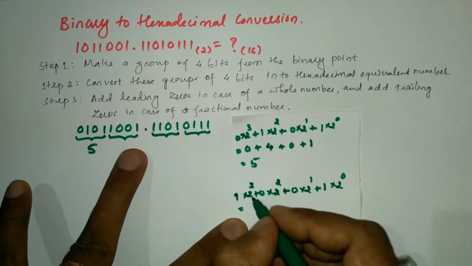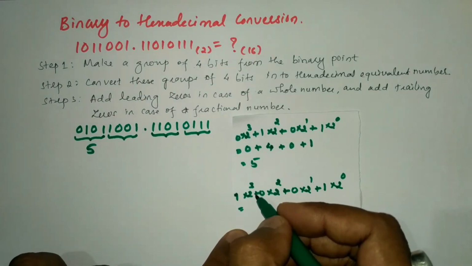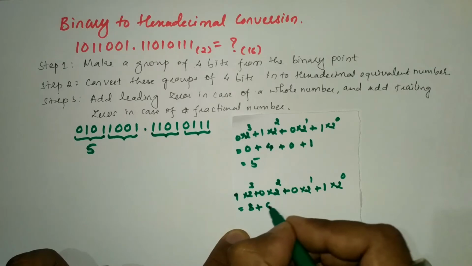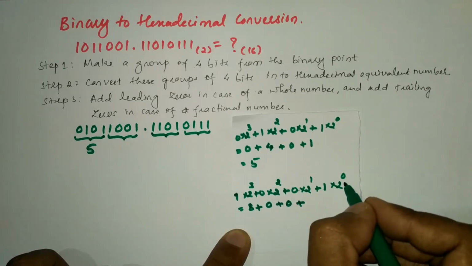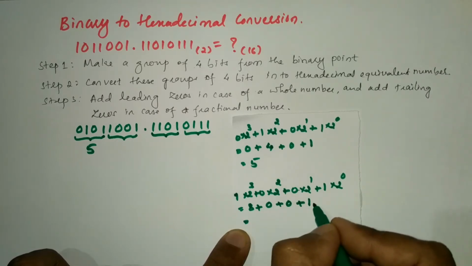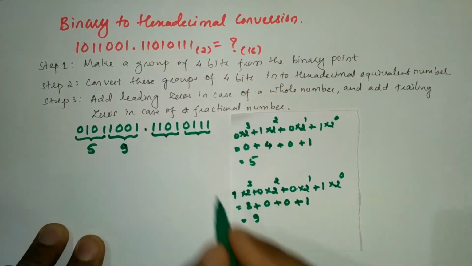Here 2 to the power 3 is 2 multiplied thrice: 2 2s are 4, 4 2s are 8. 8 into 1 is 8, plus 0, plus 0, plus 2 to the power 0 is 1, 1 into 1 is 1. So 8 plus 0 plus 0 plus 1 is 9. Here 1001 represents 9.